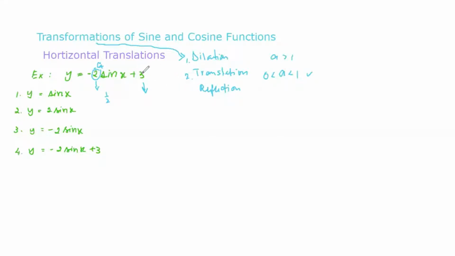In this case, we call it vertical translation upward, because it is plus 3. So the graph is translated vertically upward or downward, depending on the plus or minus sign. That's a translation.